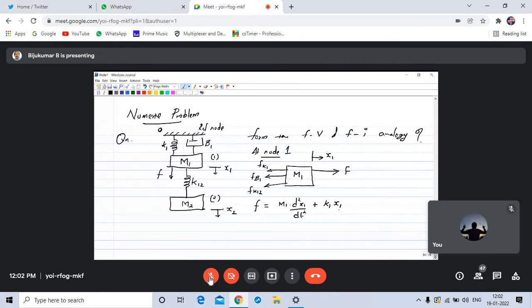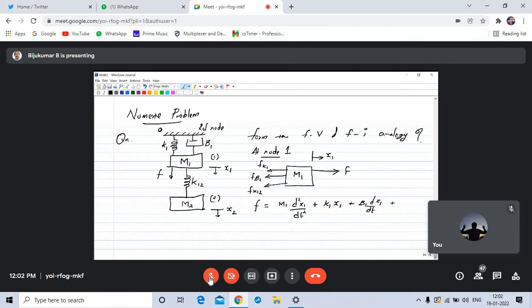So we can write K1 into x1. Again, force due to B1, how can we write? It is B1 into d by dt of difference in the displacement. Since it is connected between one reference node and principal node 1, the difference between displacement is x1 minus 0, it is x1.